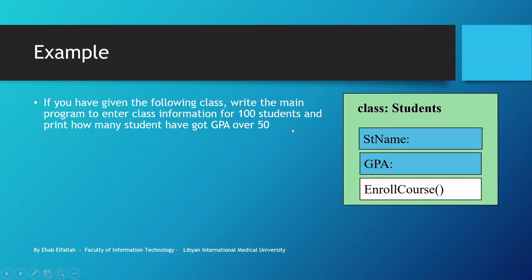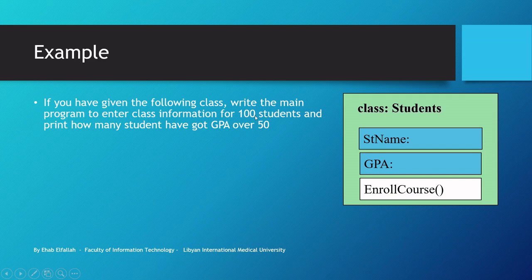So we have to write a main program to enter the class information for 100 students. Here is the problem. If it's a small number like 3 or 4 or 5 students, in that case we can just define object 1 as Student, object 2 as Student, object 3 as Student, and so on. But because the number of students is high, we have to use a list.